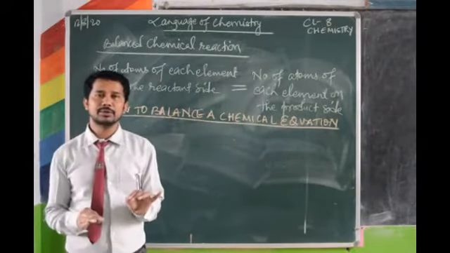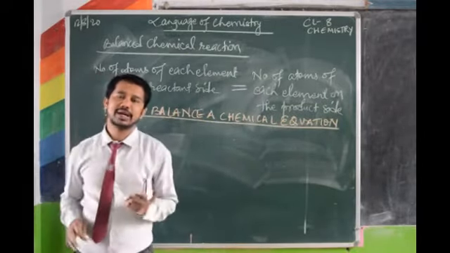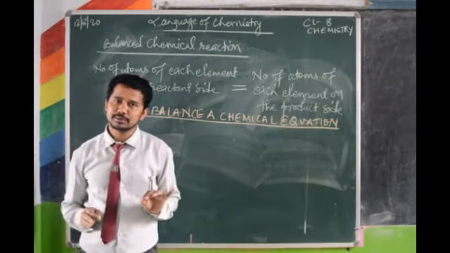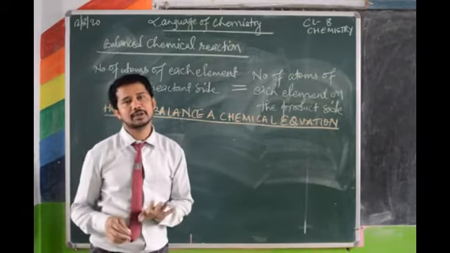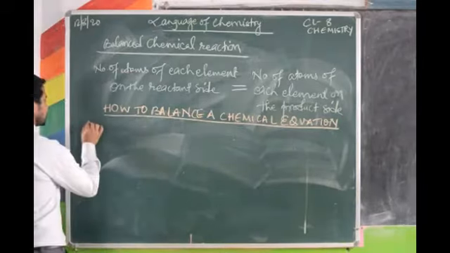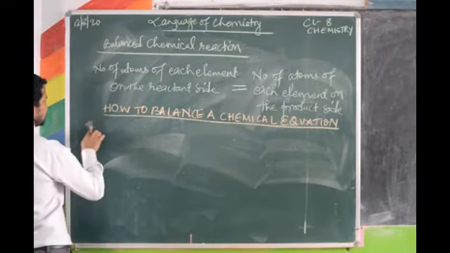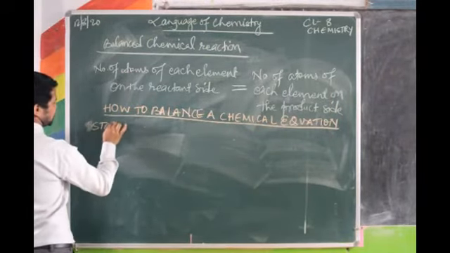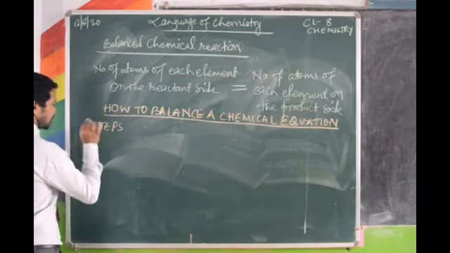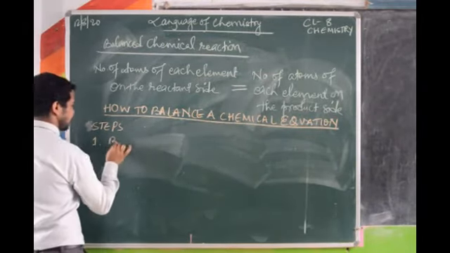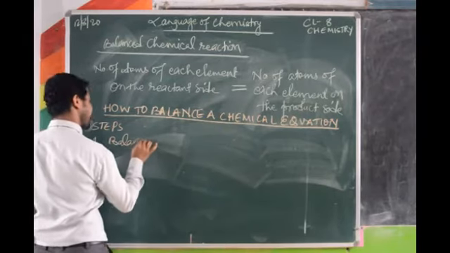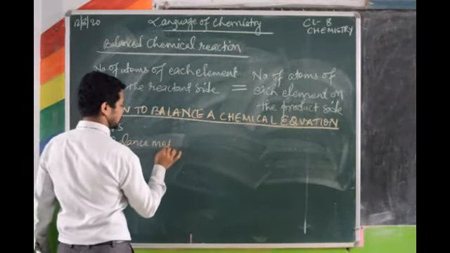Mind you, whatever steps I am going to write, that is not there in your book. So make sure that you copy in your copy. Step number 1: balance metal first.